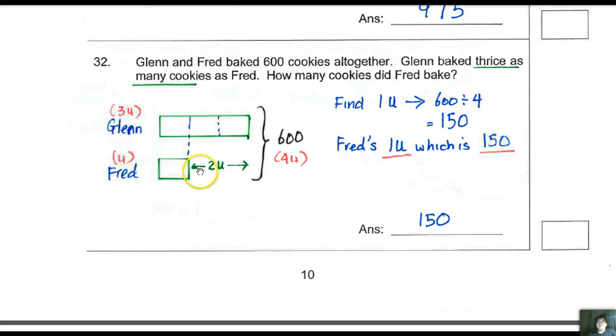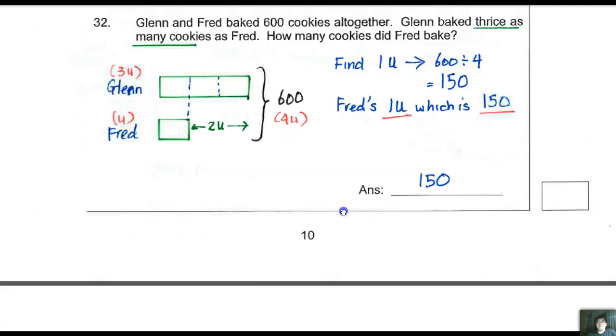Glenn has 2 U's more than Fred, so 2 times 150. Glenn baked 300 cookies more than Fred. There are many other questions, but for today, this question is only for Fred, which is 150. Let us continue.